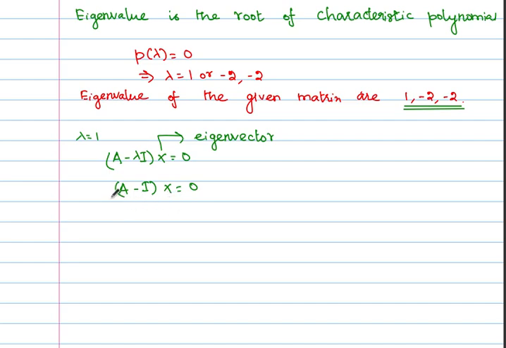I take the matrix B, so Bx equal to 0. What is the meaning? This implies the null space of B is the eigenvector.